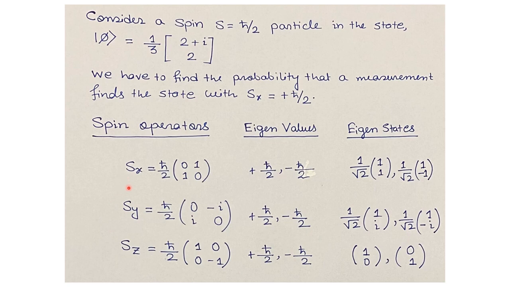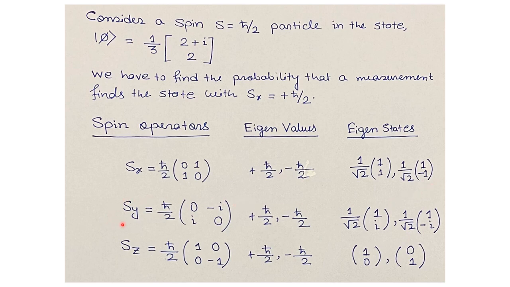The Sx operator is represented as h cut by 2 times the matrix (0 1, 1 0), and this operator has the eigenvalues plus h cut by 2 and minus h cut by 2, and the corresponding eigenstates are 1 by root 2 (1, 1) and 1 by root 2 (1, minus 1) respectively.